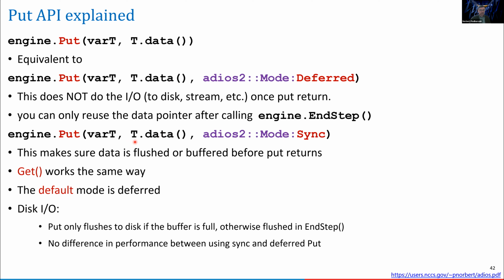The sync mode will force any ADIOS engine to take care of the data, to save it somewhere, to make sure that if the user pointer is lost, it doesn't affect the I/O anymore. Because the default is the deferred mode, and someone looking at the example sees engine put, naturally people, even the ADIOS developers writing examples, assume that this is done. When you're done with the put, you are done with the pointer, but it's not.